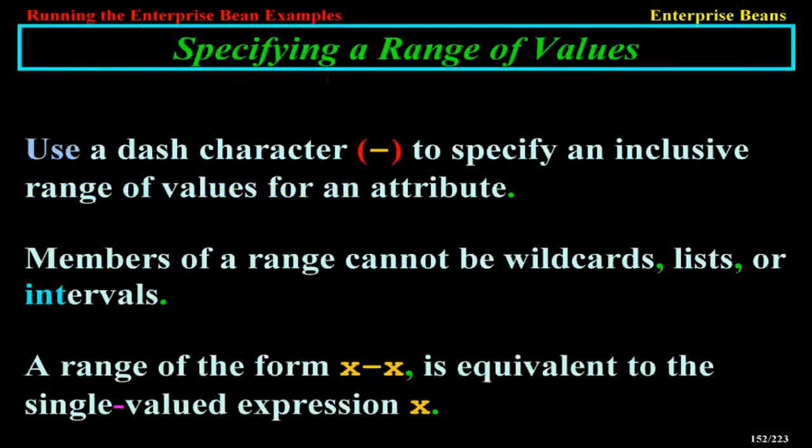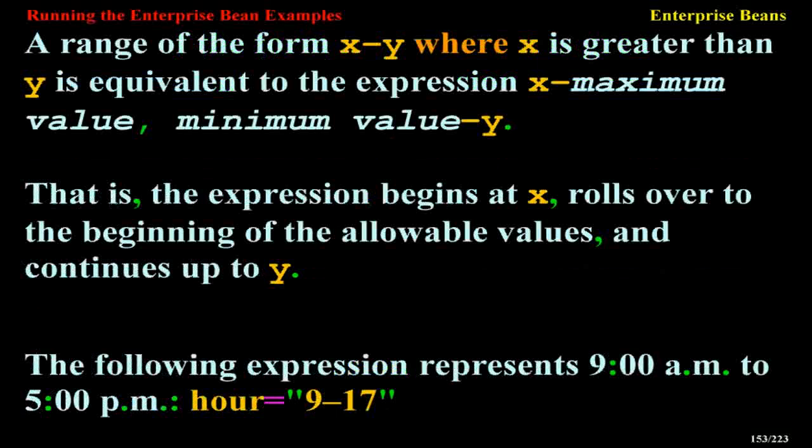Specifying a range of values. Use a dash character to specify an inclusive range of values for an attribute. Members of a range cannot be wildcards, lists, or intervals. A range of the form x-x is equivalent to the single-valued expression x. A range of the form x-y, where x is greater than y, is equivalent to the expression x-maximum value, minimum value-y.